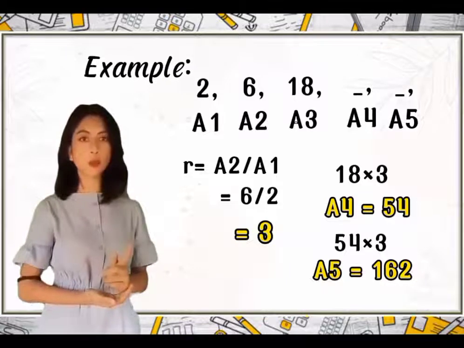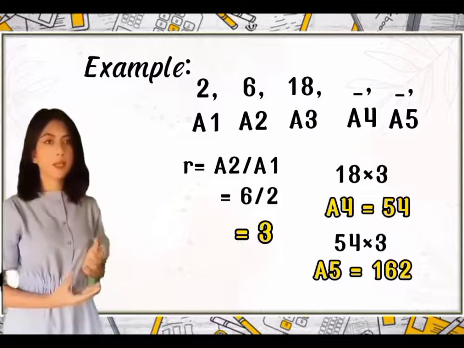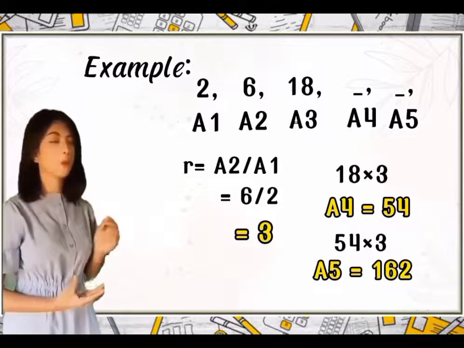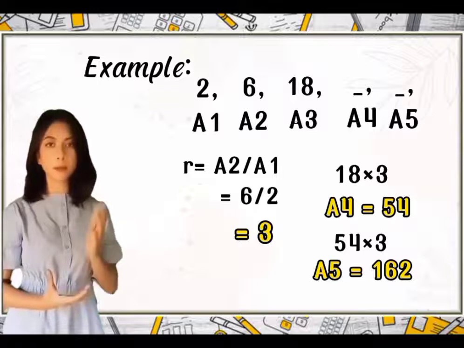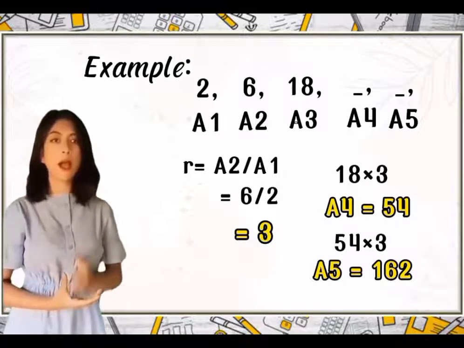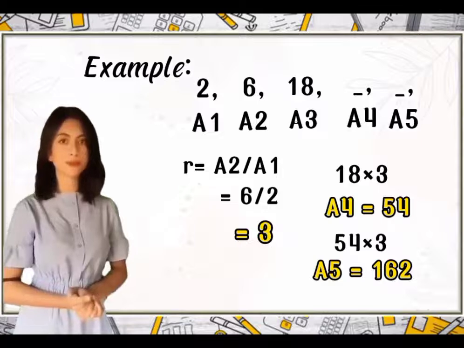R equals A2 divided by A1. That means, in arithmetic sequence, we get the common difference by subtraction. Here, the common ratio we get by division.